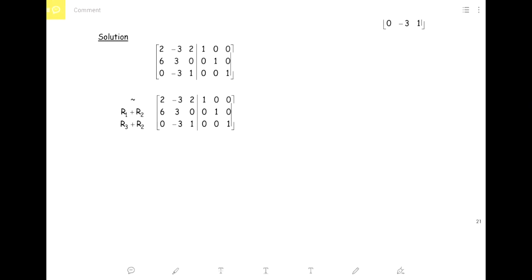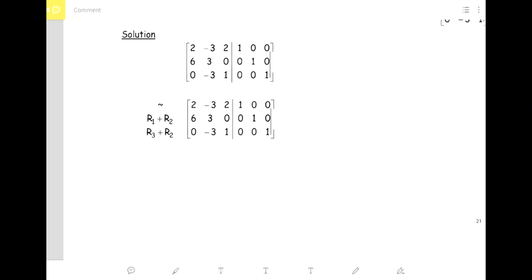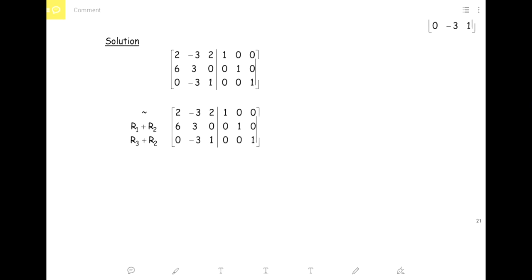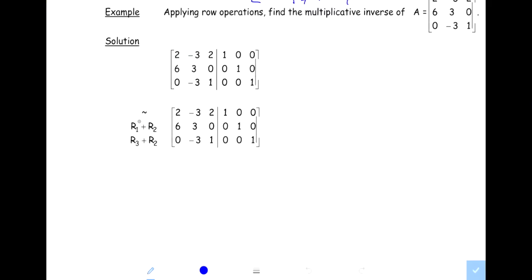Maybe I want to make it a little bit bigger. I think I did something wrong here. I said I want to do R1 plus R2, but I didn't change anything here.